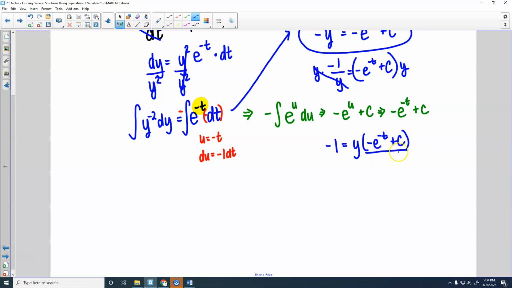And then I would need to divide by that negative e to the negative t plus c. So I'd have negative 1 over, there's a good chance they'd write it this way, c minus e to the negative t equals y.